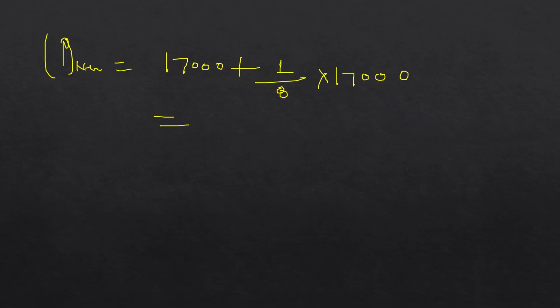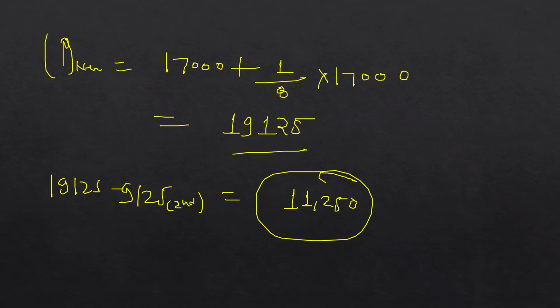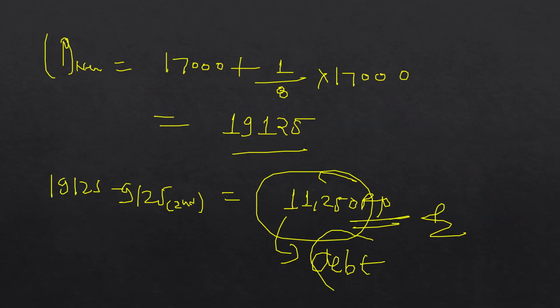So we will get 19,125 and again he paid some amount at the end of second year. So 19,125, he paid 9,125 at the end of second year. So you will get 11,250. So this is our answer. And at the end of third year, you have to pay a total of 11,250 as debt. So total debt remaining is 11,250.